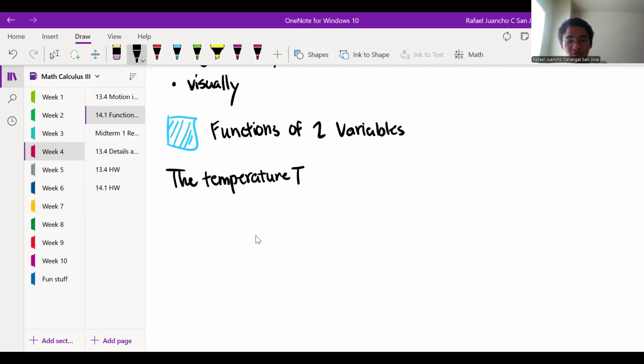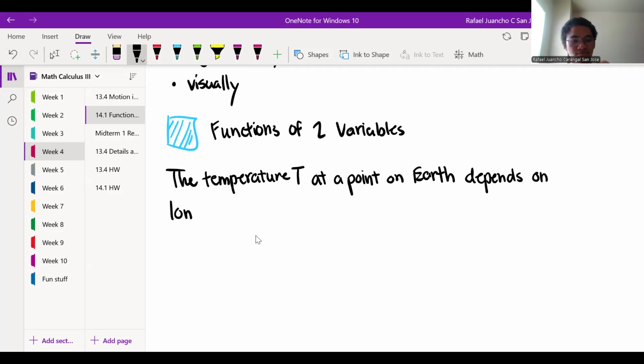So I'm just going to say at a point on Earth. And here at any given time, we're going to say it depends on longitude X and latitude Y. So here we're looking at the coordinates of this point using its longitude X and latitude Y.